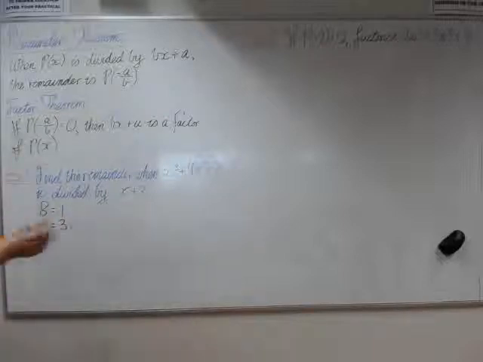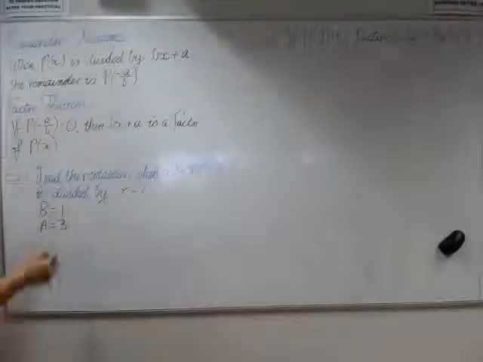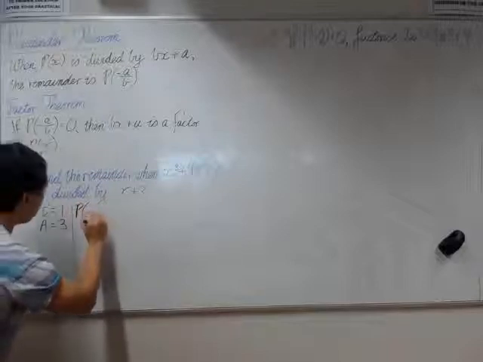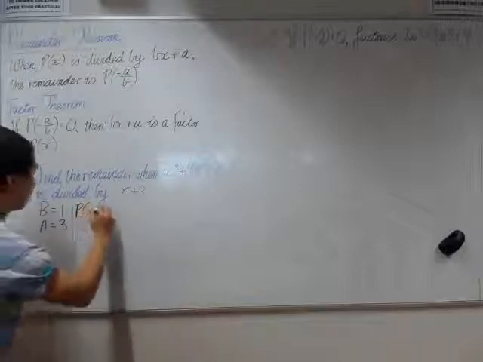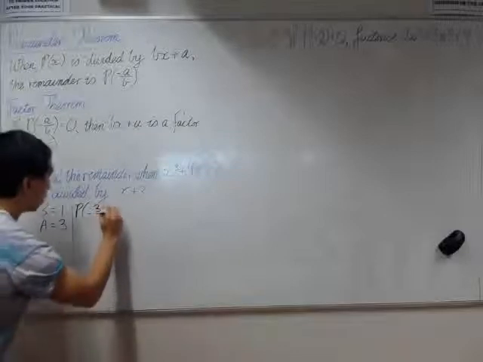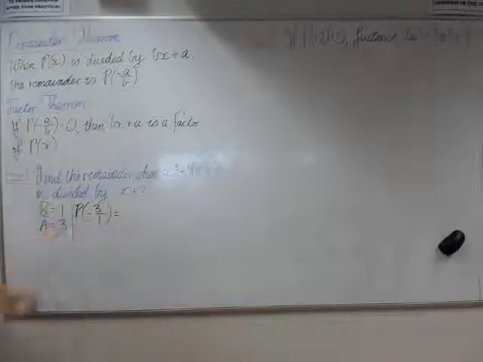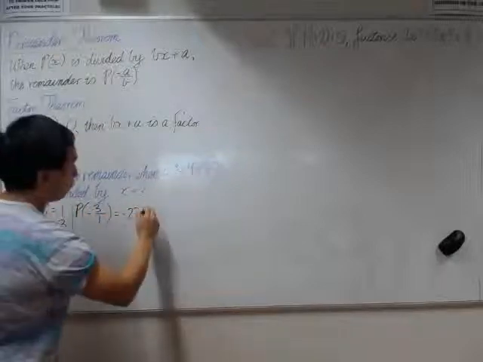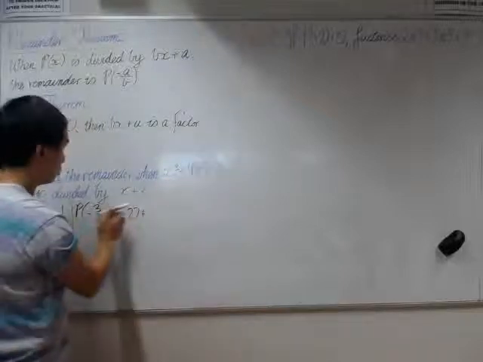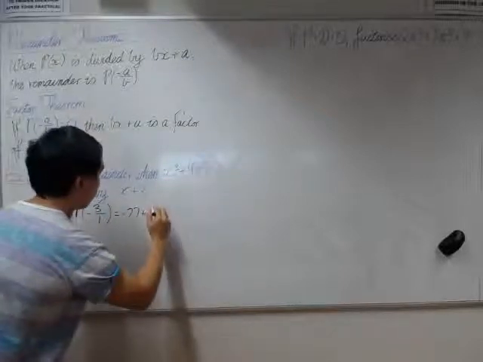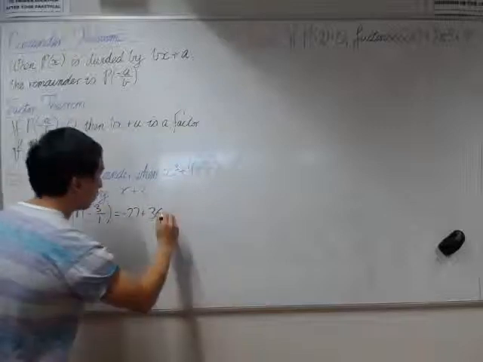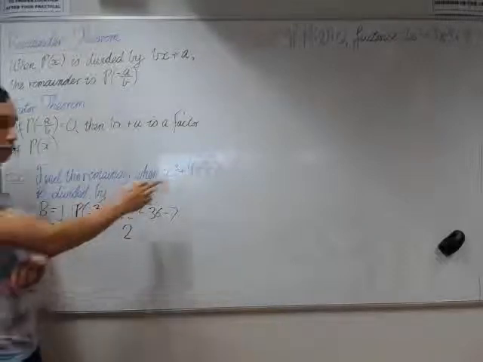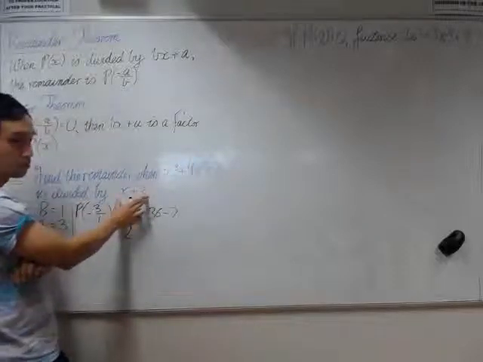So to find the remainder when this cubic is divided by this binomial, all we need to do is p of negative a, which is negative 3, divided by 1. So essentially we have p of negative 3. Sub that in, we get negative 27 plus 4 times x squared, so x here is negative 3, so we have 36 minus 7. This gives us a remainder of 2 when you divide this one by x plus 3.